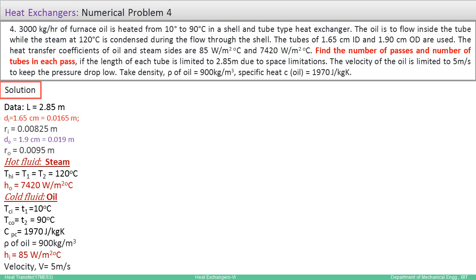This is a problem on a condenser, and the length limitation is 2.85 meter. Diameters are given and corresponding values of radius can be found out. Here the hot fluid is steam, for which the temperature is 120 degree Celsius. Both inlet and outlet conditions remain the same during condensation.